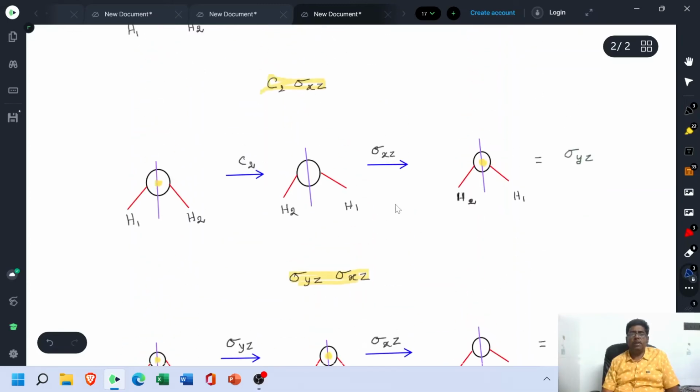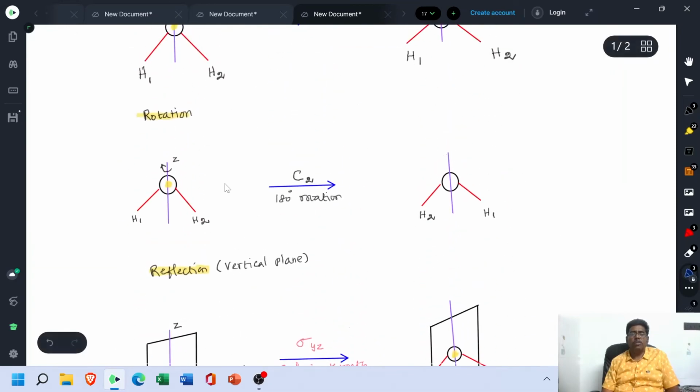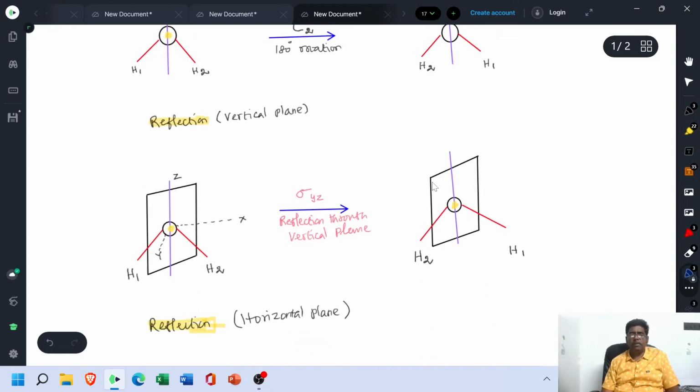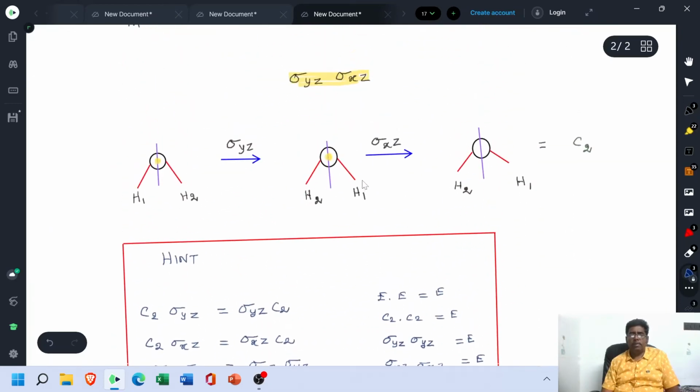See, if the C2 operation, that is rotating through 180 degrees, is performed directly on a water molecule, we can get the displacement of two hydrogen atoms with the change in phase of oxygen. Therefore, this is our C2.